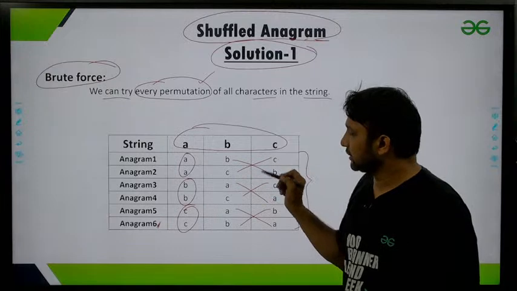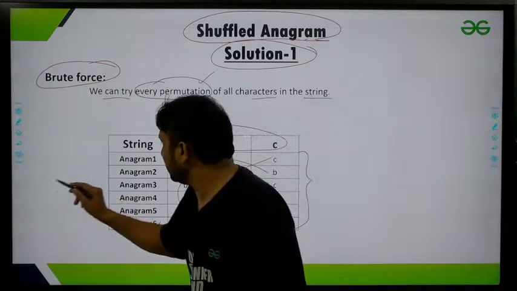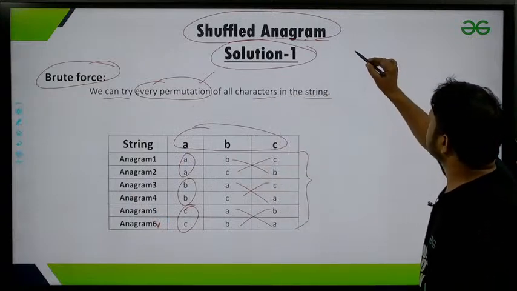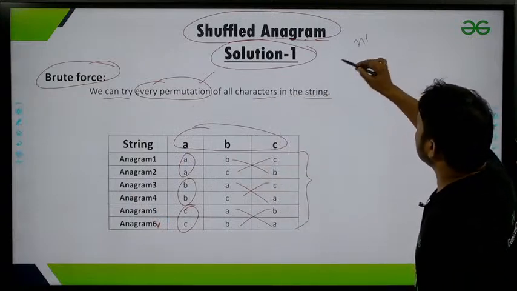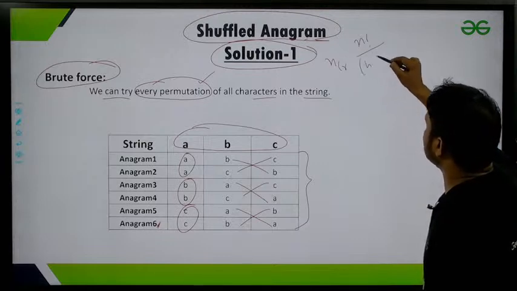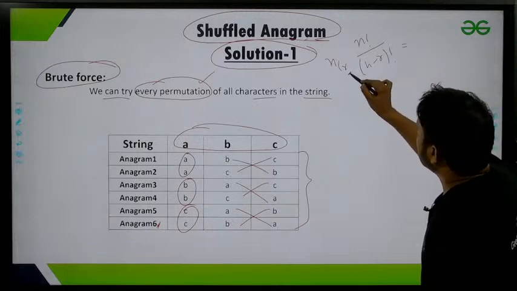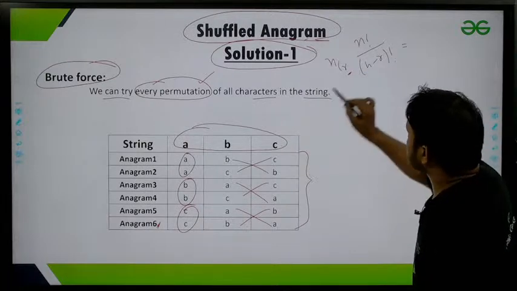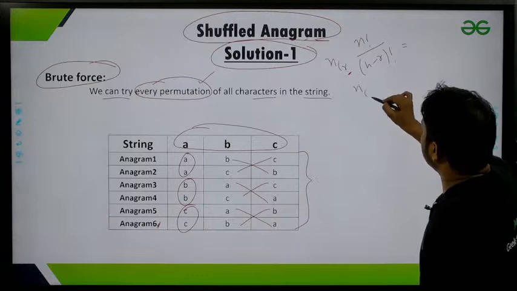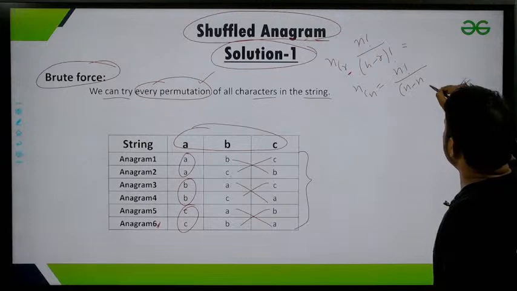Otherwise, you can also apply the formula for that. What is the formula of permutation? That is nPr, which is n factorial divided by (n minus r) factorial. Here the number of characters I am selecting is n itself, so that will be n factorial divided by (n minus n) factorial.